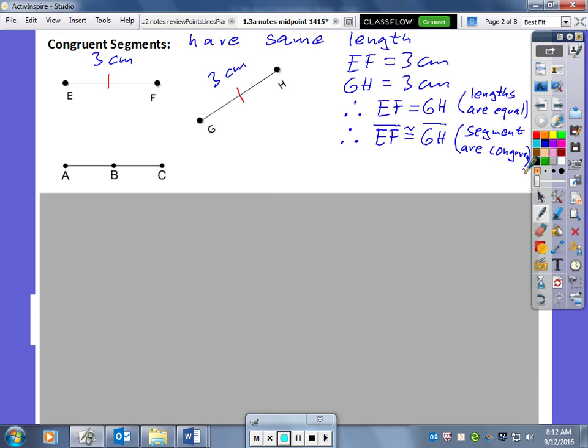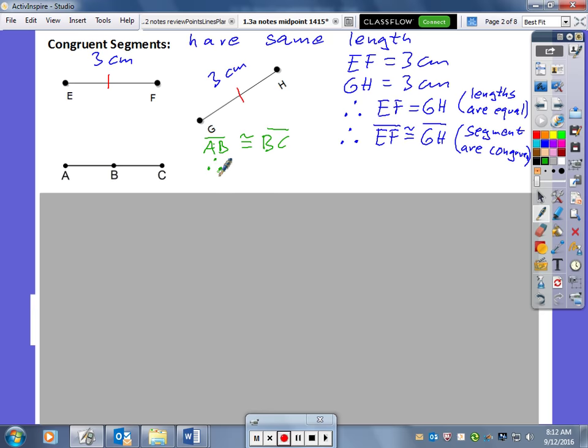But in order for segments to be congruent, they don't have to be separate. Let's look at this segment AC, and that has a midpoint B. So if we look at the partial segment AB, that segment AB is congruent to the segment BC.